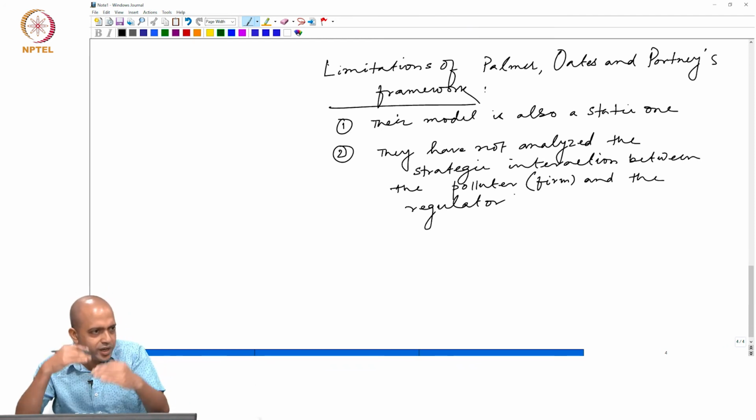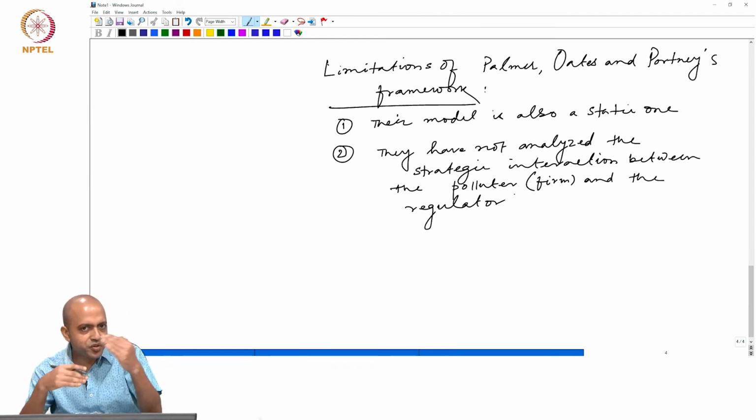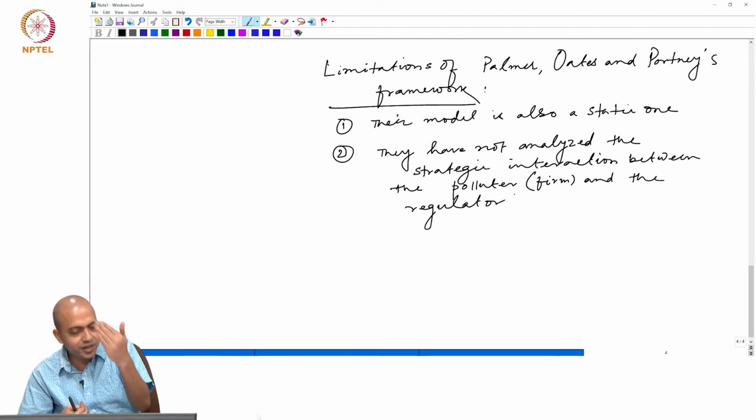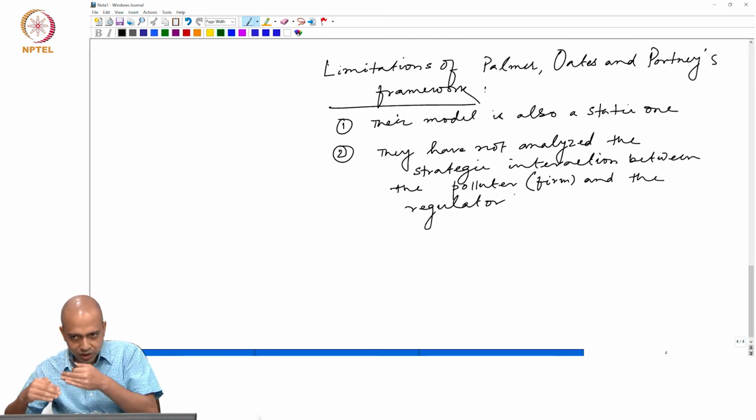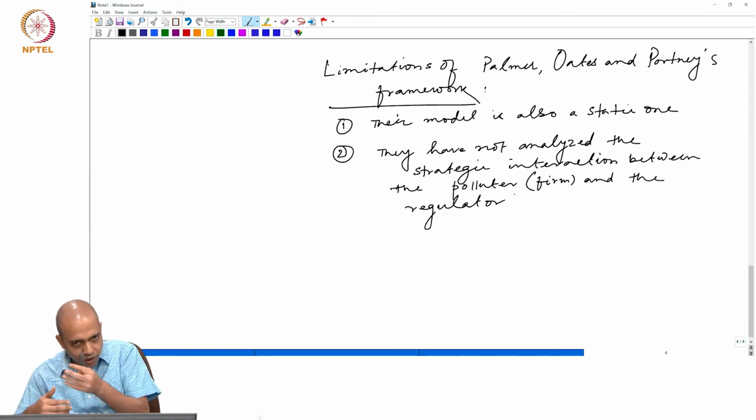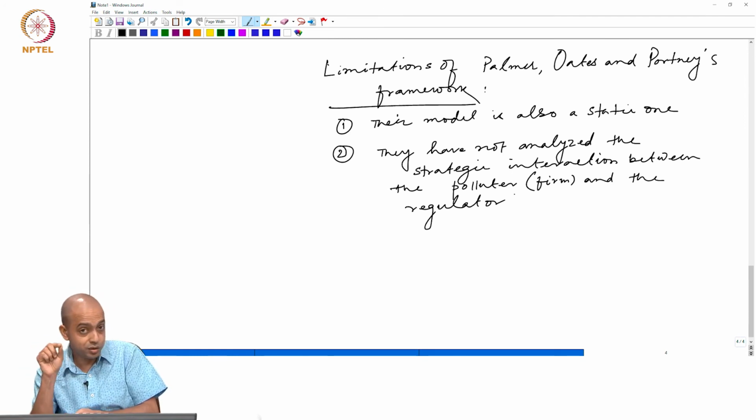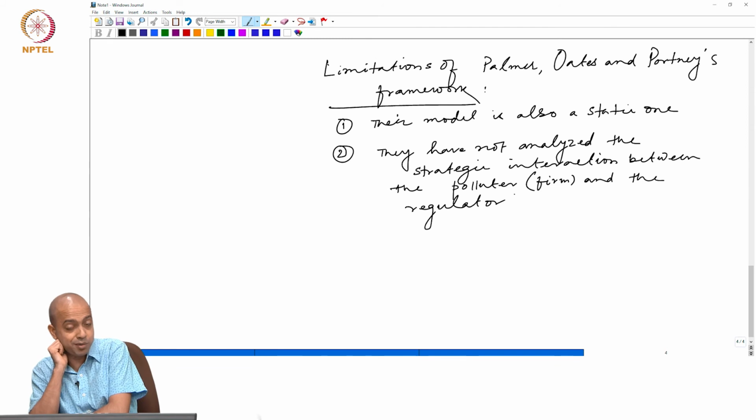So, over time there would be some kind of strategic interaction. The moment I impose tax, the firm will strategically decide about their level of pollution. Then in next time the regulator will also decide about the level of emission tax.